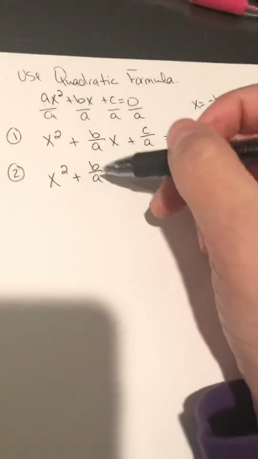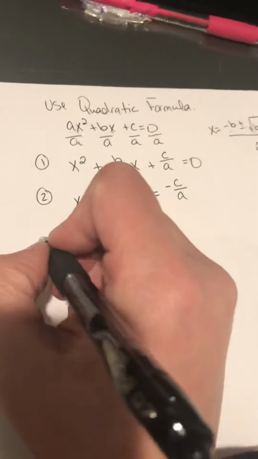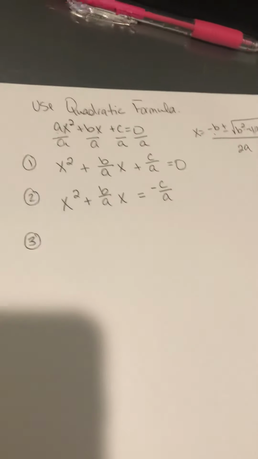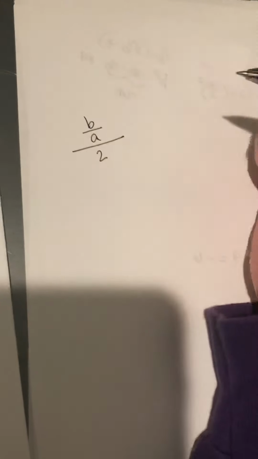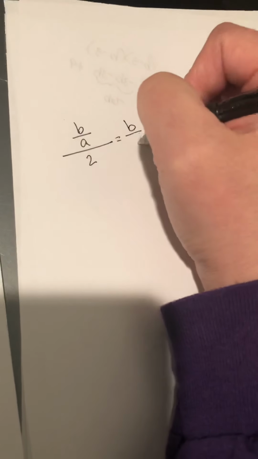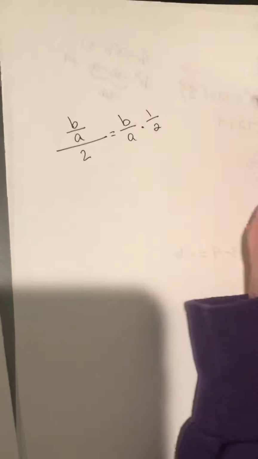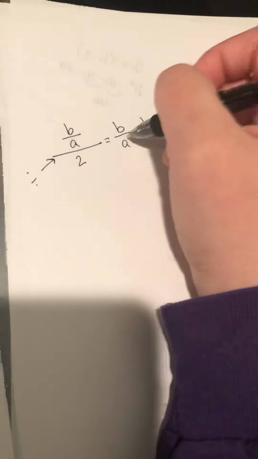Okay. Step 3, I divide this in half and square it and add it to both sides. So, let me just go over here so I don't mess it up. If I do b over a divided by 2, if I cut that in half, that's the same thing as b over a times 1/2. Because this is division, if you write it like this, you multiply by the reciprocal. So those are equivalent.